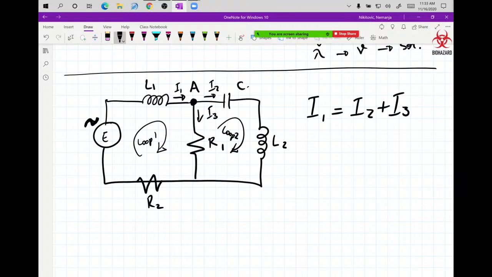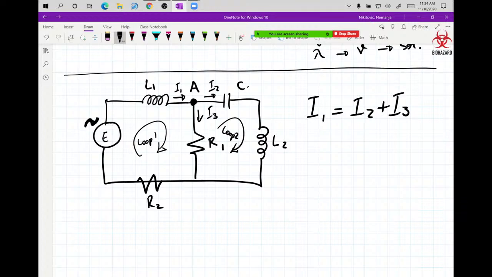Now, the rest of the currents in the circuit, we are going to deal with what we call voltage drops. The voltage drops are calculated on each one of these components according to the formulas. I believe it was somewhere in chapter 3.